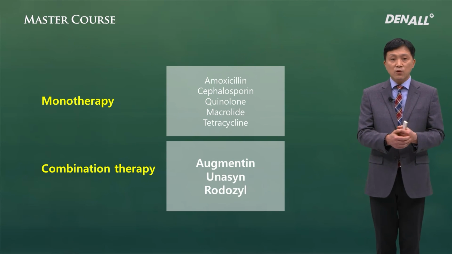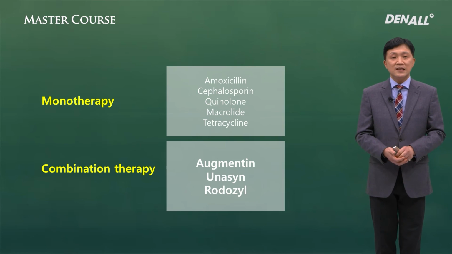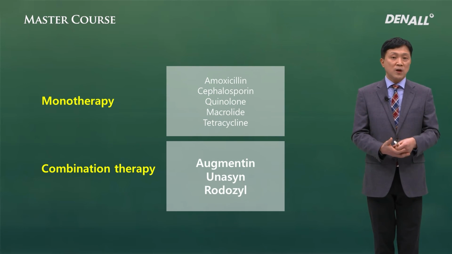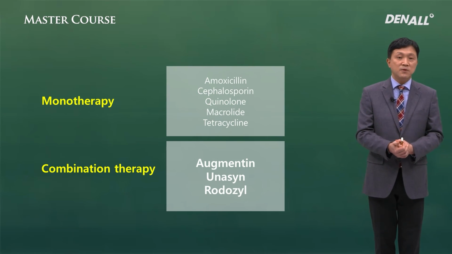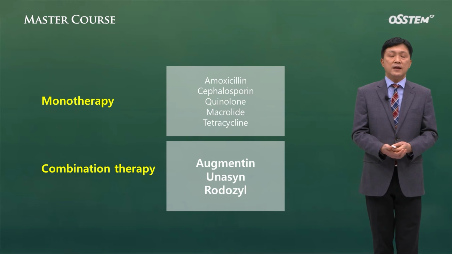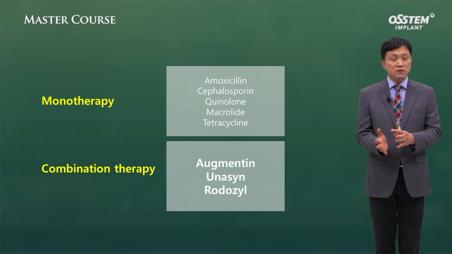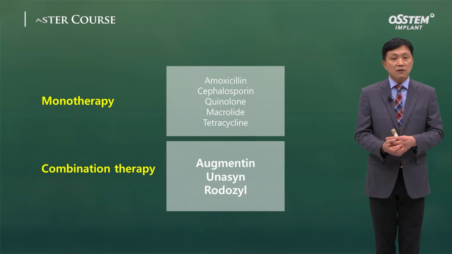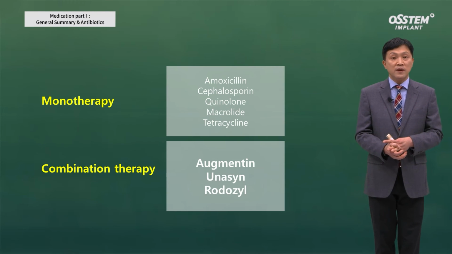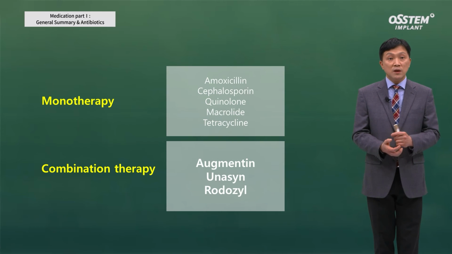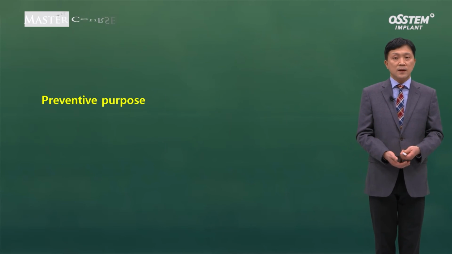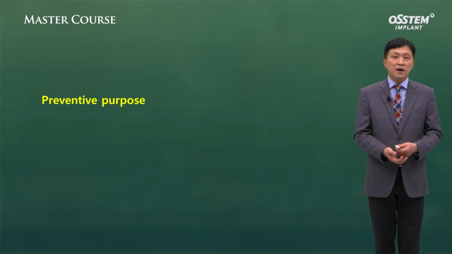For combination therapy, Augmentin, Unasyn, and Rodogyl can be prescribed, though unknowingly, two drugs are being used. So, monotherapy or combination therapy can be chosen. When there is infection, combination therapy can be used. For preventive purposes, there's absolutely no need for combination therapy.